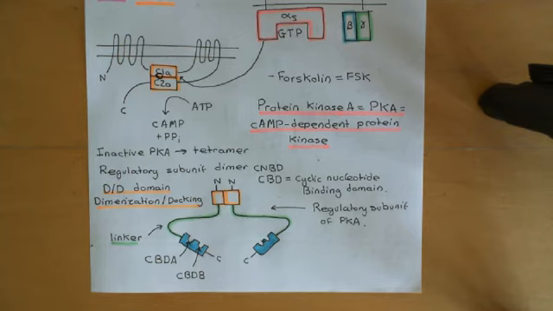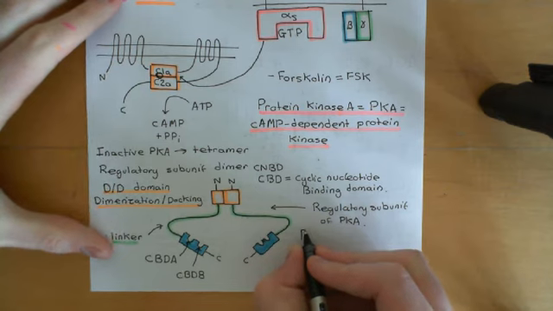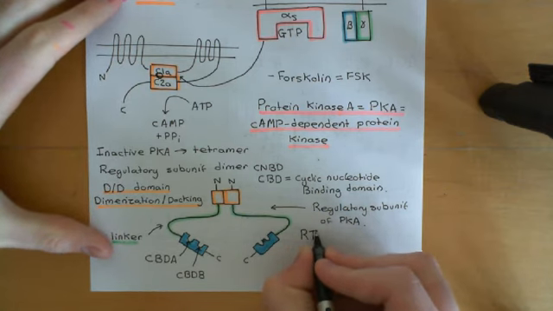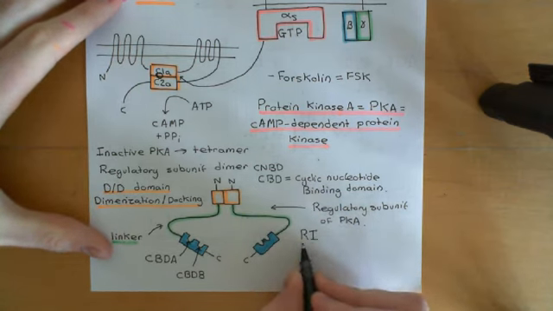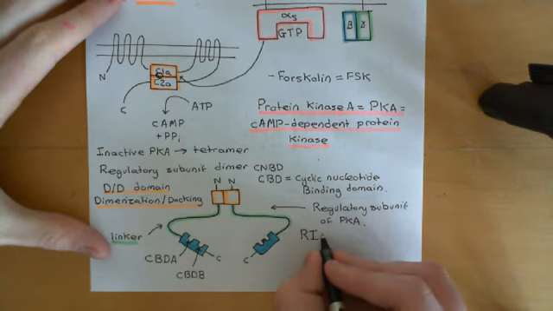Instead, there are 4 genes which code for regulatory subunits of protein kinase A, and these are classified into 2 families. There are the type 1 regulatory subunits of protein kinase A, which for short are written R1. So this means type 1 regulatory subunit of protein kinase A, and there are 2 genes in this family.